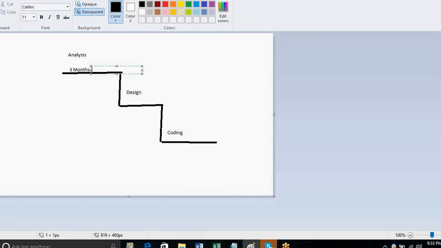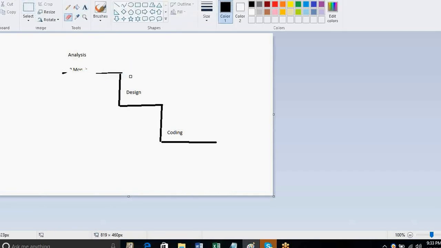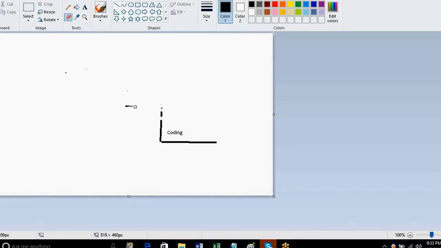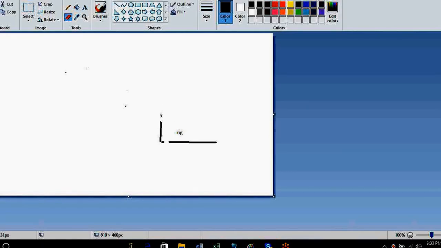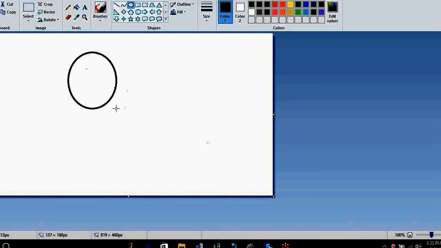I don't know where the eraser is here, text now. Okay. Yeah, sure. The key thing here, why requirements gathering is a big deal, I just want to show you through a graphical notation here.